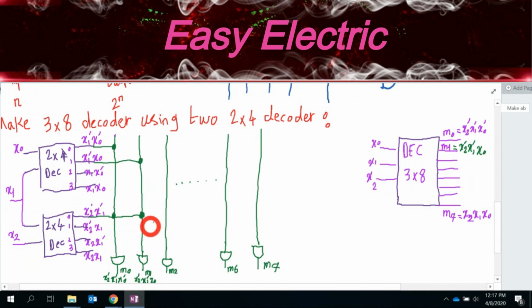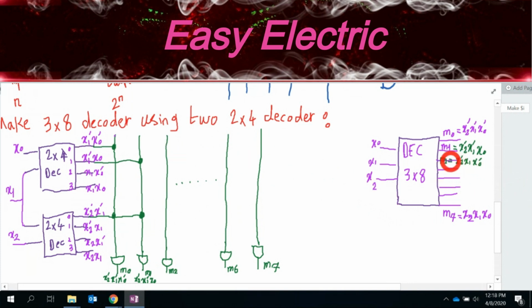So you tell me what we should connect to the M2. I'm writing here M2, definitely in 3 to 8. What is 2? It is X2 prime, X1, X0 prime, right? So you tell me what should be the first connection to this M2.